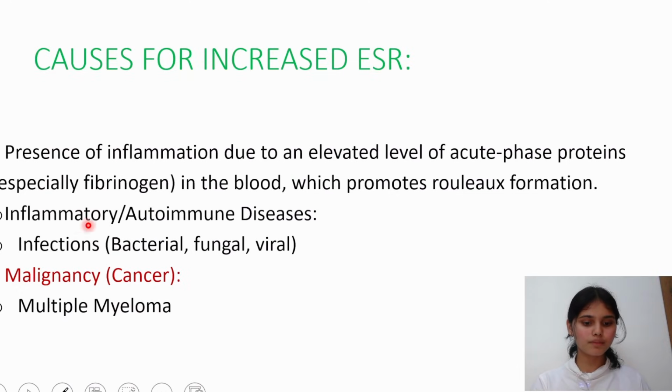Therefore, inflammatory or autoimmune diseases, infections, and malignancies such as cancer, which is very dangerous, cause it. So you can say that you have an increased ESR because you have an inflammation or acute phase protein response, or you have a malignancy, multiple myeloma. In multiple myeloma, your A/G ratio is going to be reversed. The normal A/G ratio is 1.2:1 to 2.2:1.